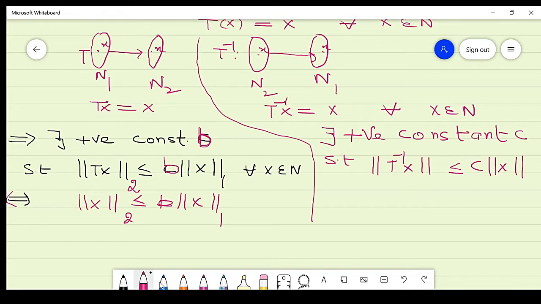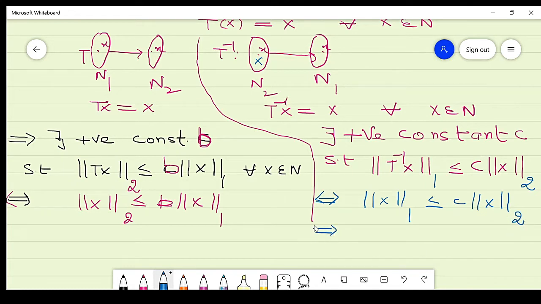Now this x belongs to N2, so it means this x has norm 2. T inverse x, its image, is in N1, so its norm is norm 1. So if and only if again norm of x1 is less than or equal to C times norm of x2, right?